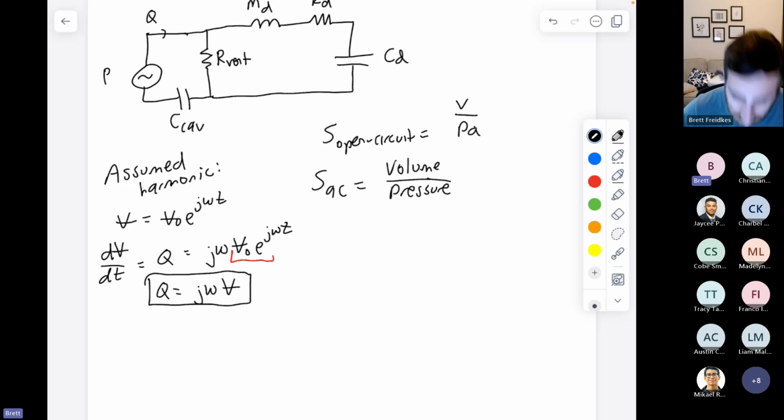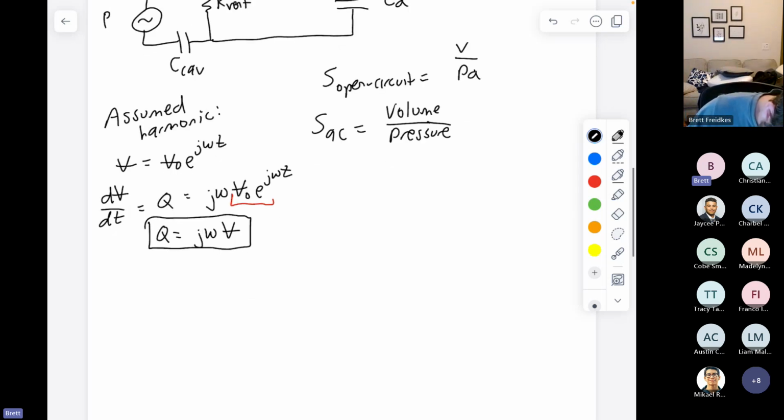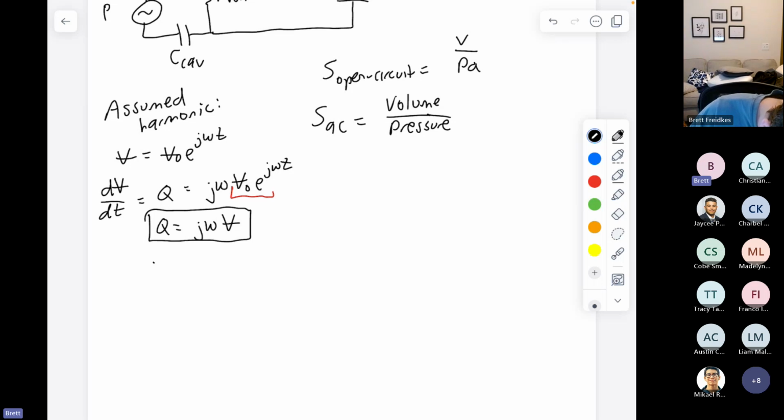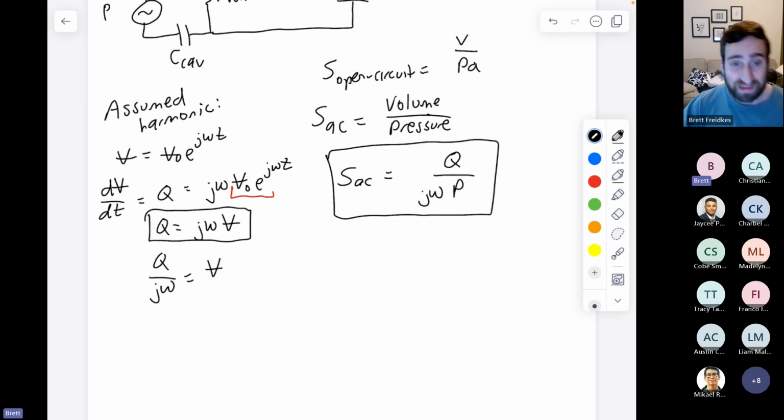Okay, cool. So what we care about is solving for volume. We see that volume just ends up being, if we divide by j omega, Q over j omega is equal to V, and that's what we use for our acoustic sensitivity. This is going to be Q over j omega P, our acoustic sensitivity in general.